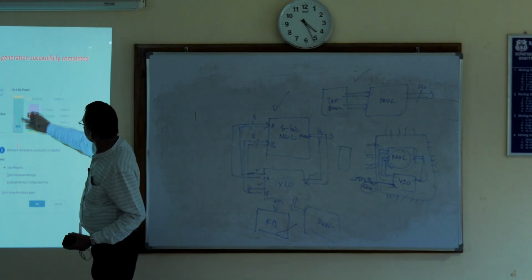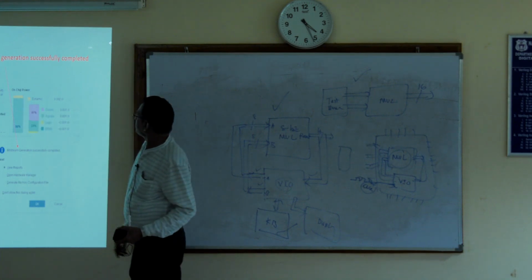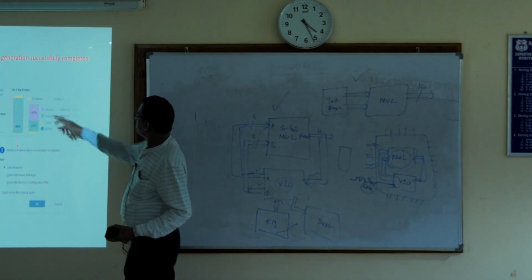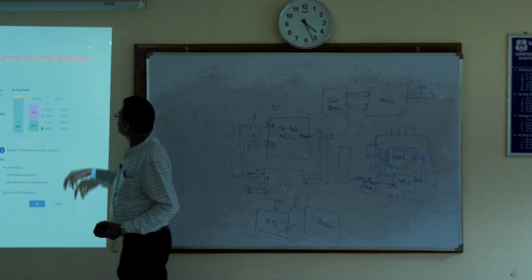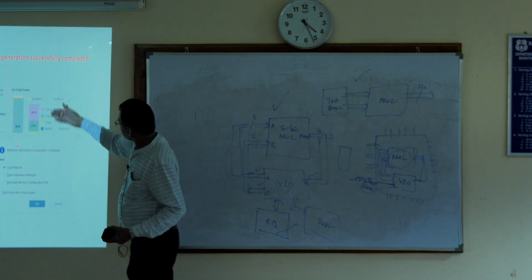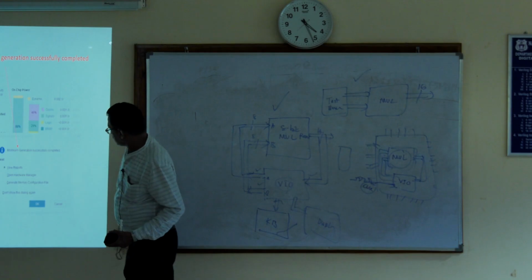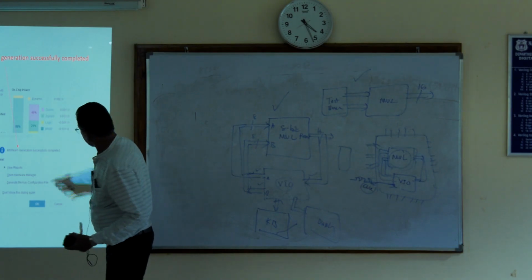Then here is the power distribution. Dynamic power, static power. 98% is static power only, so 2% only is dynamic power, 0.002 watts. Then again the dynamic power distribution here.